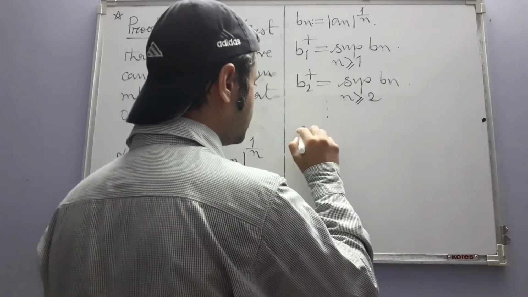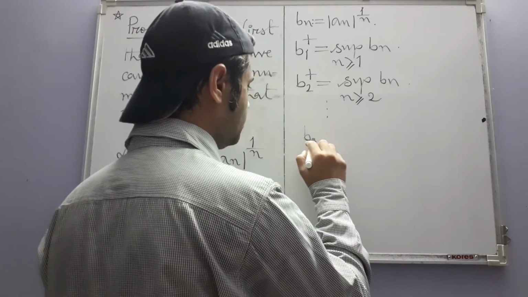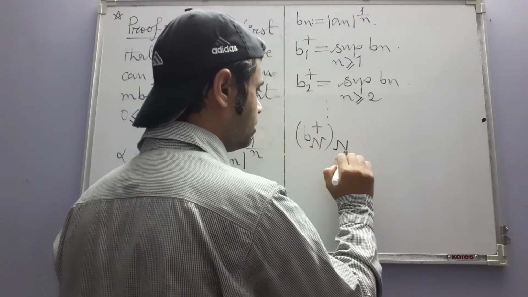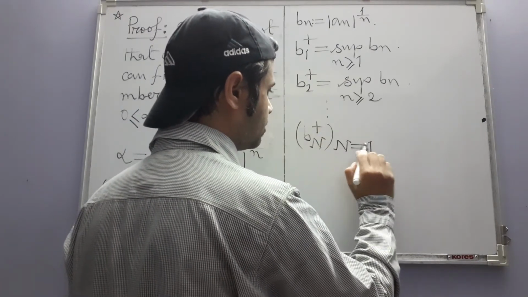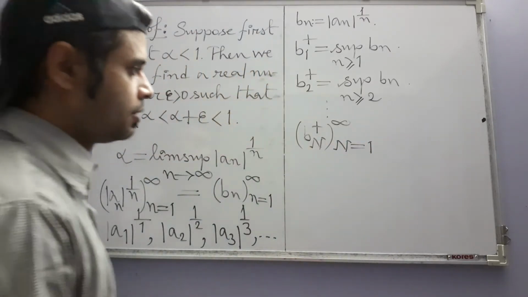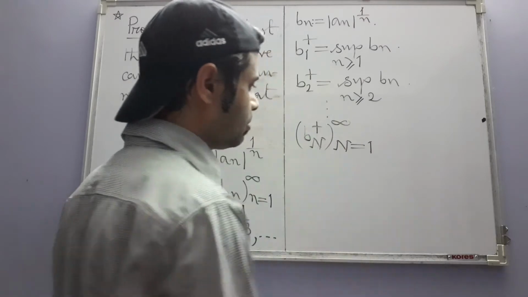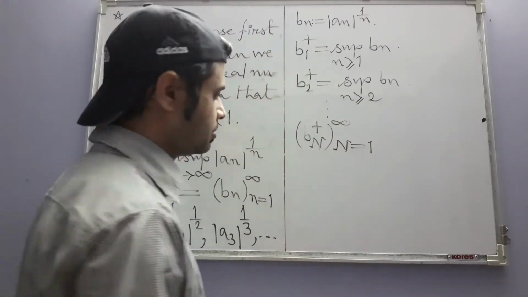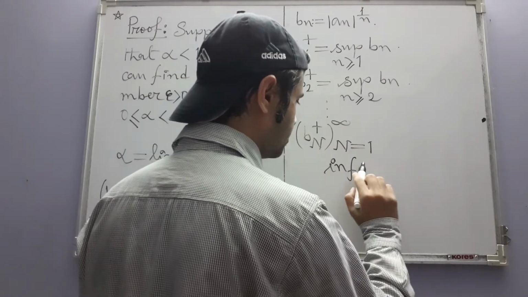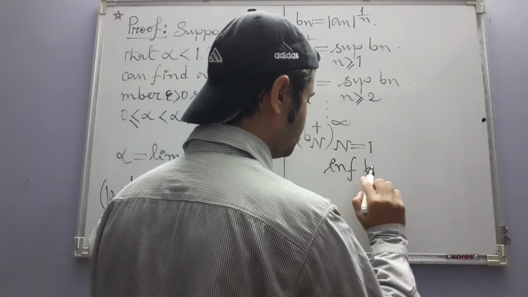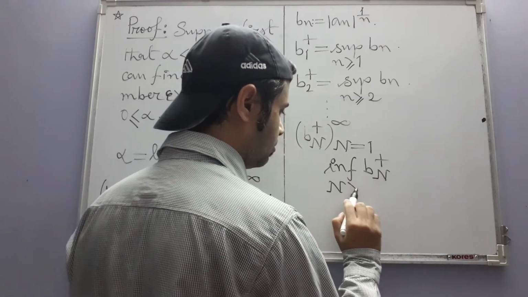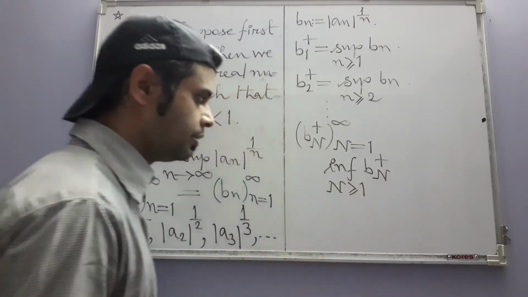And you get a sequence Bn plus, where n itself is varying from 1 through infinity. Now, then you calculate the infimum of this sequence. That means you calculate the infimum of Bn plus as n varies over all positive integers.